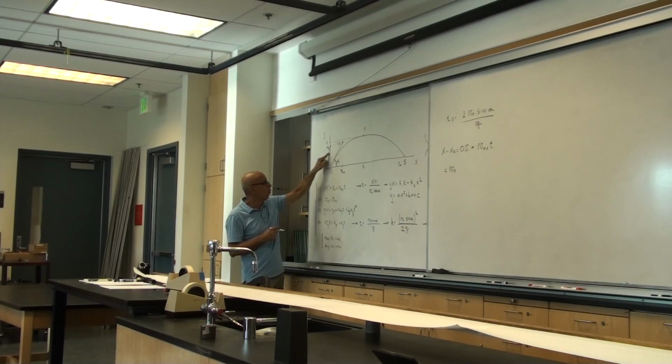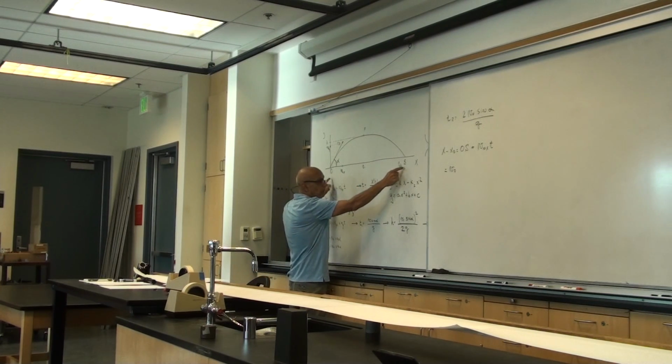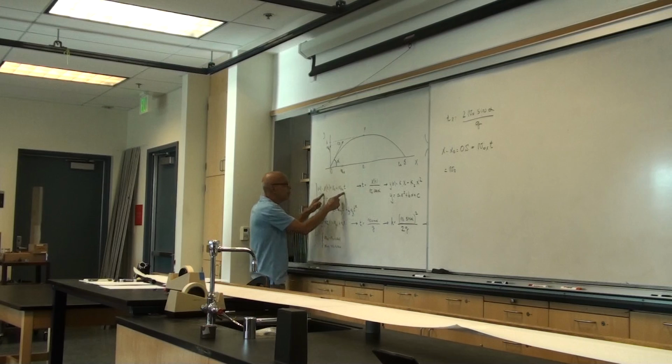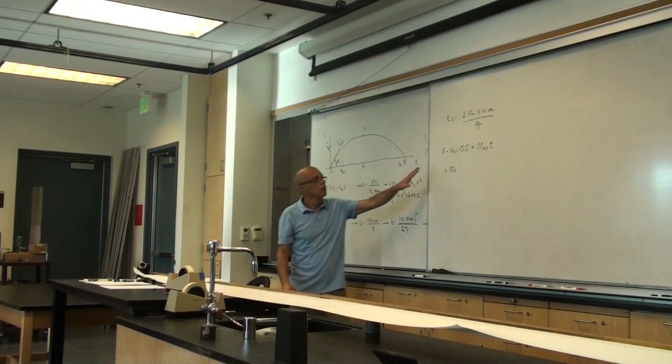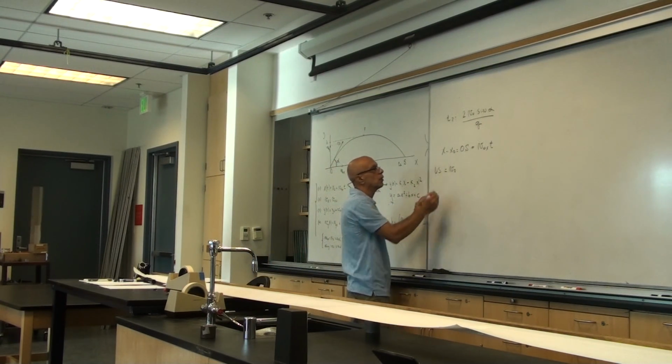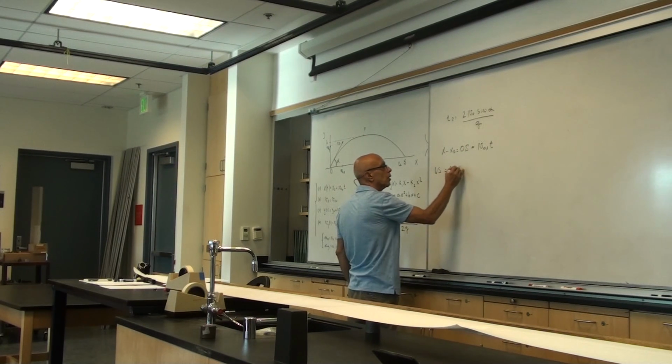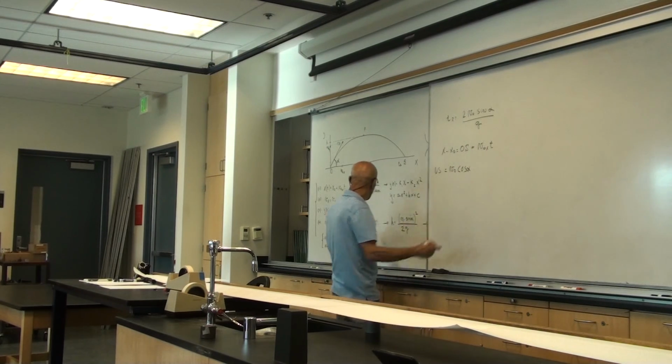And V0y is the projection on the y-axis. So if I'm asking you to calculate this distance, you need to involve the x-axis, speed, and the time, right? Is that okay? Speed times the time gives us the distance. So OS is going to be the speed on x, V0 cosine alpha, times the time, which is here.